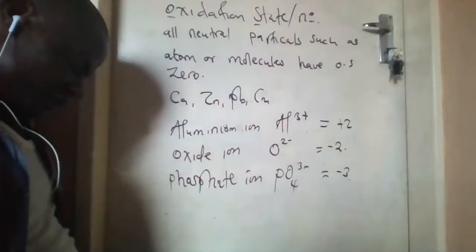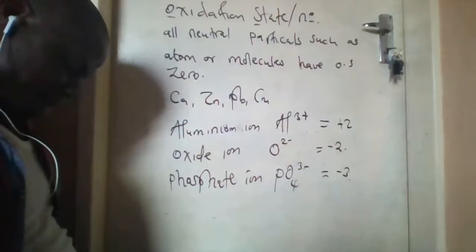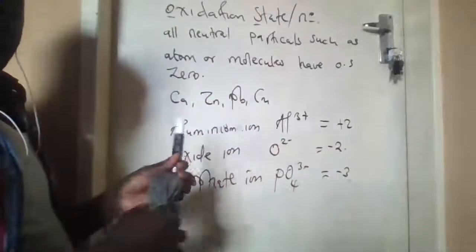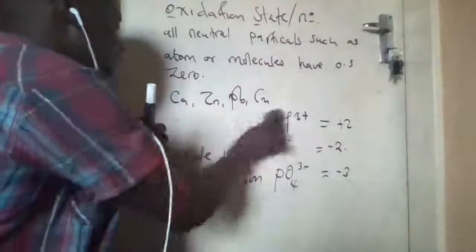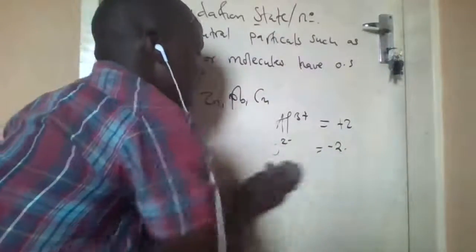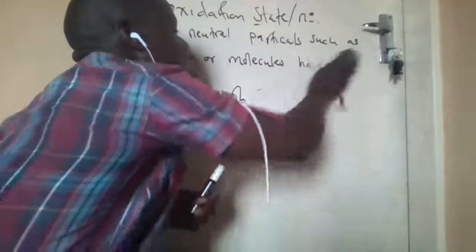So I'm going to look at some examples. I think that's where we're going to end. How can you find the oxidation state of an element that is in a compound, in a molecule?